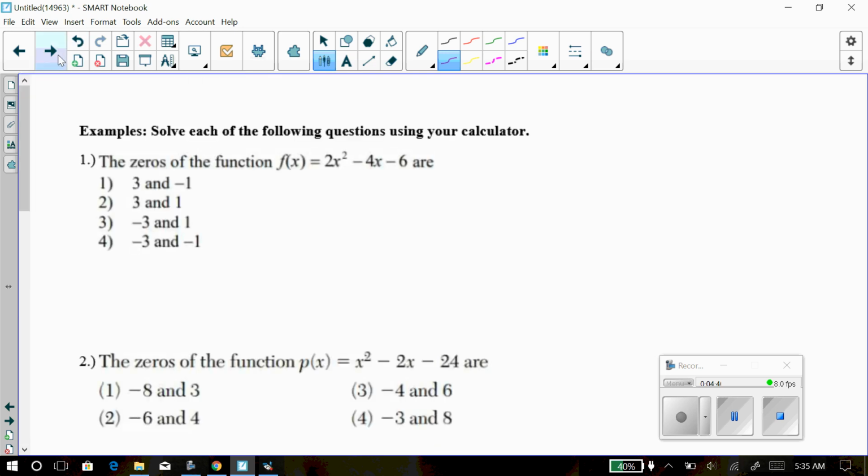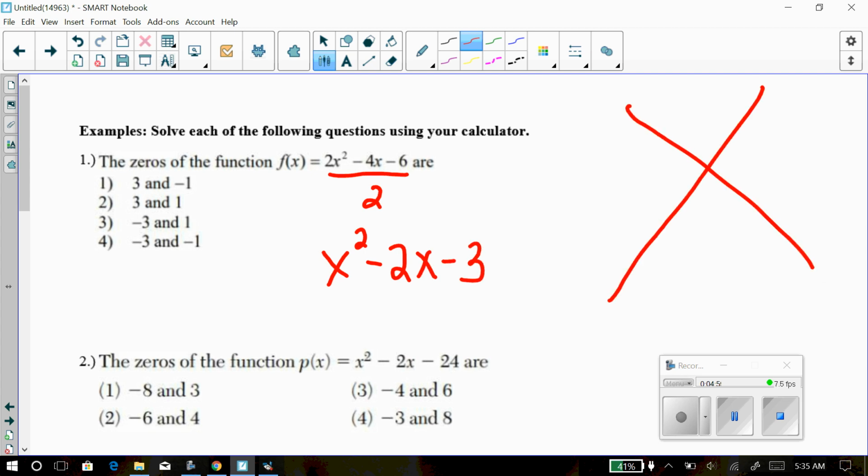This one. Solve each of the following questions using your calculator. Number 1, the zeros of the function are, now if you were solving this by hand, everything here can be divided by 2, so you'd get x squared minus 2x minus 3, and you guys know you would do your diamond. Numbers that add to -2, multiply to -3.